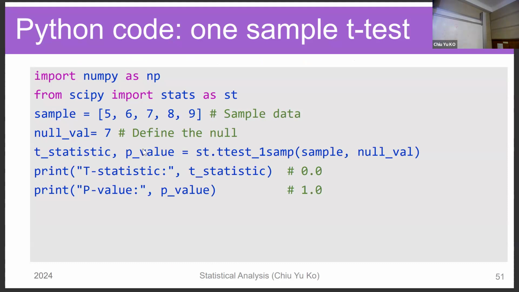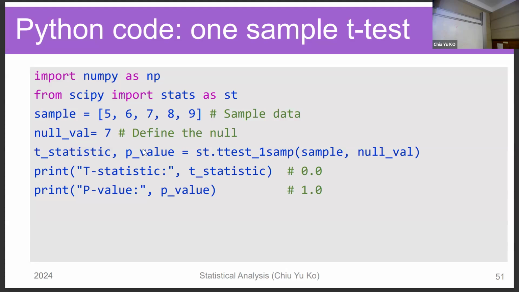So I have a simple one-sample t-test. I use SciPy, from the stats library, and I call it ST. Here I have a sample: 5, 6, 7, 8, 9. You can make up any data you want.